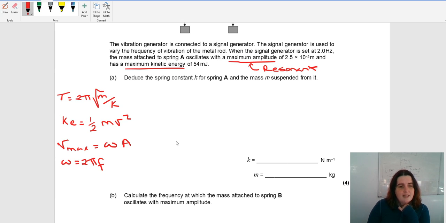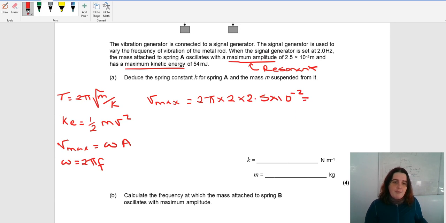I know the kinetic energy, so I can work out the maximum velocity, because the maximum velocity gives me the maximum kinetic energy. So Vmax equals omega A, so 2 pi f, 2 pi times 2, is omega, times my amplitude, which is 2.5 times 10 to the minus 2.